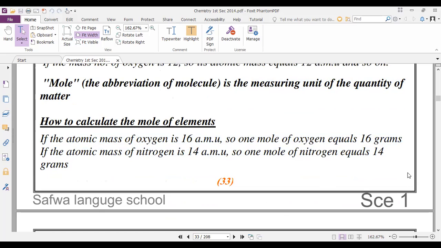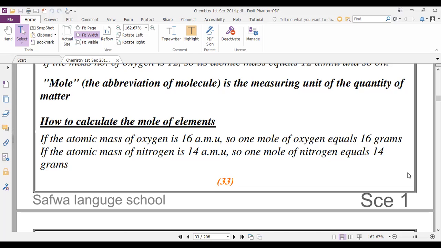If the atomic mass of oxygen is 16 AMU, so 1 mole of oxygen equals 16 grams. If the atomic mass of nitrogen is 14 AMU, so 1 mole of nitrogen equals 14 grams. So what's meant by mole?